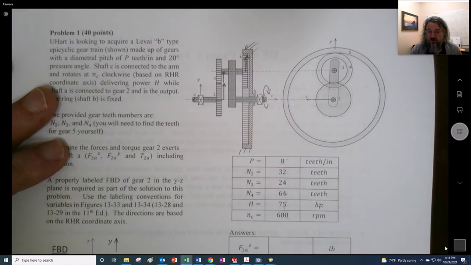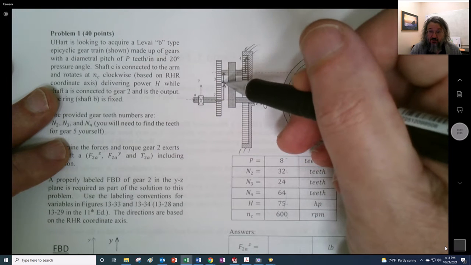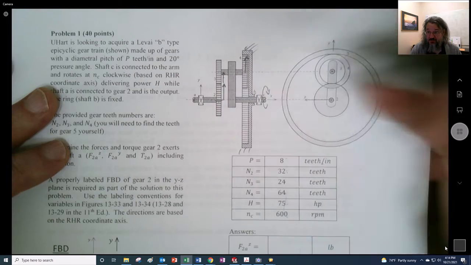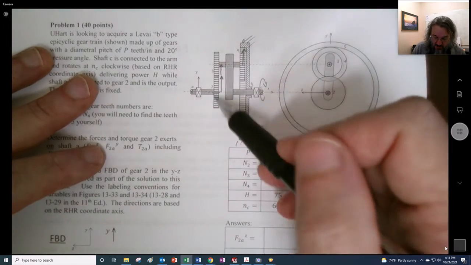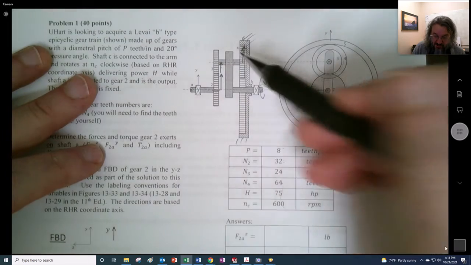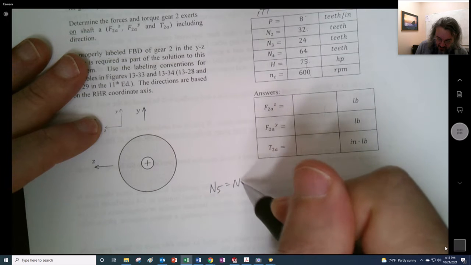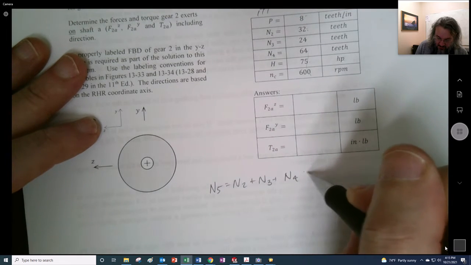Therefore, the number of teeth adds the same way, since the radii are proportional to the number of teeth. So N5 is really just N2 plus N3 plus N4.